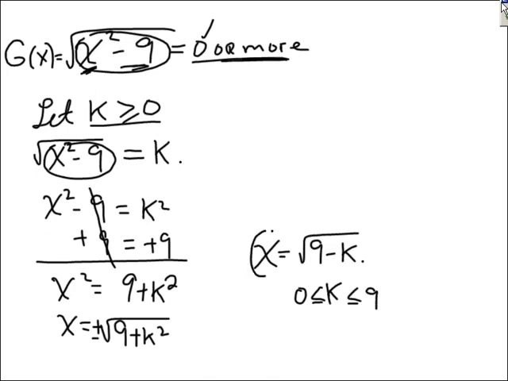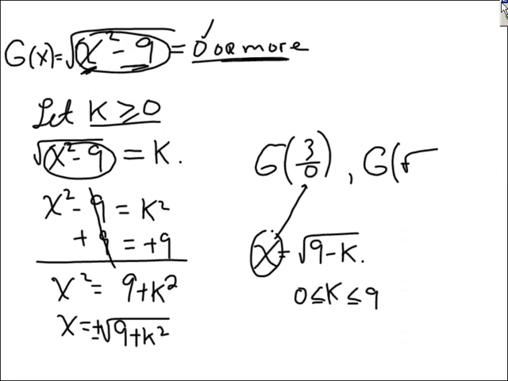Because the x that you're looking for has to make sense. You can't take, for example, g of 3 over 0. We're finding the x value that goes in there. It has to make sense. You can't take g of the square root of negative 2. So if this was underneath the square root sign, what's underneath has to be greater than or equal to 0.